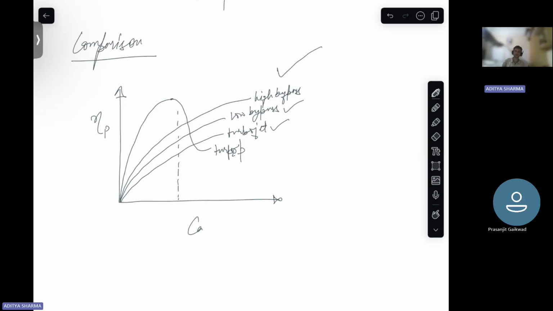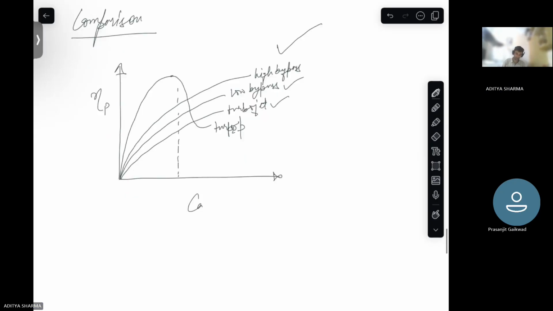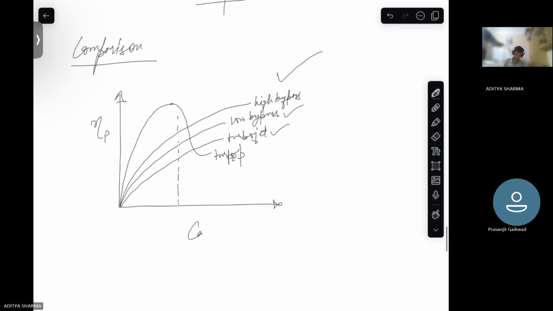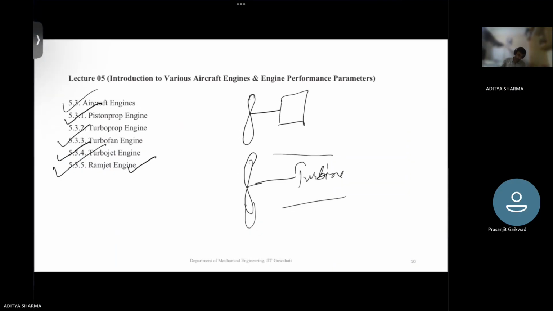After that, it starts decreasing as the velocity of the aircraft increases further. So this is about your aircraft engines.